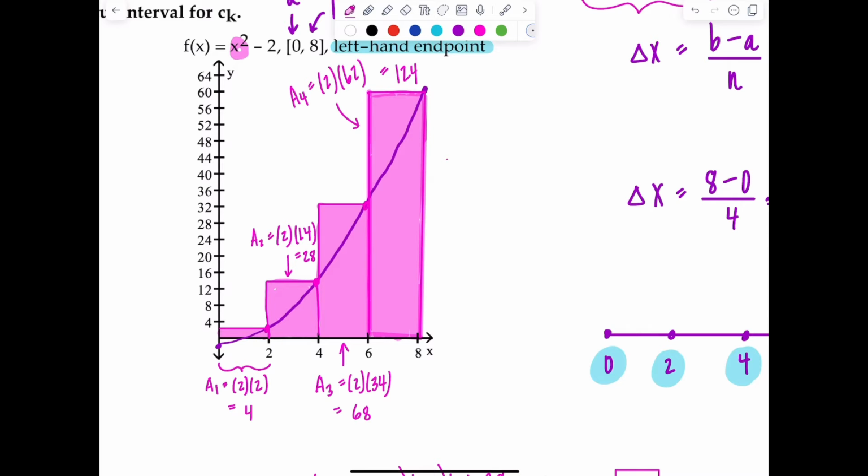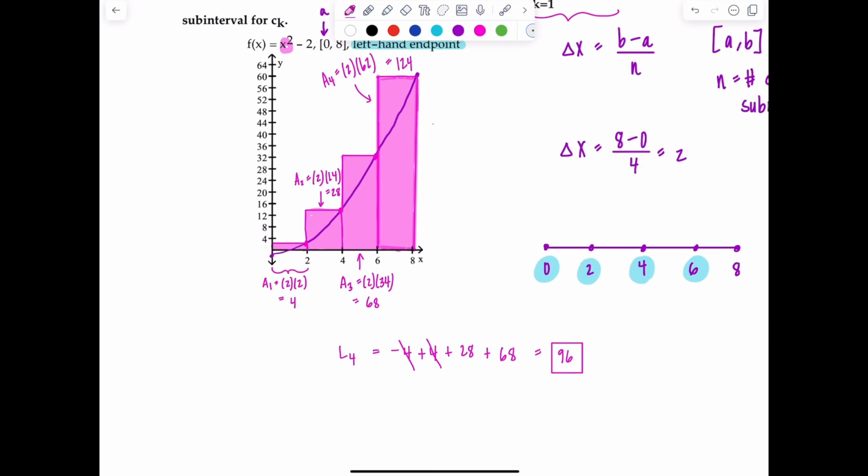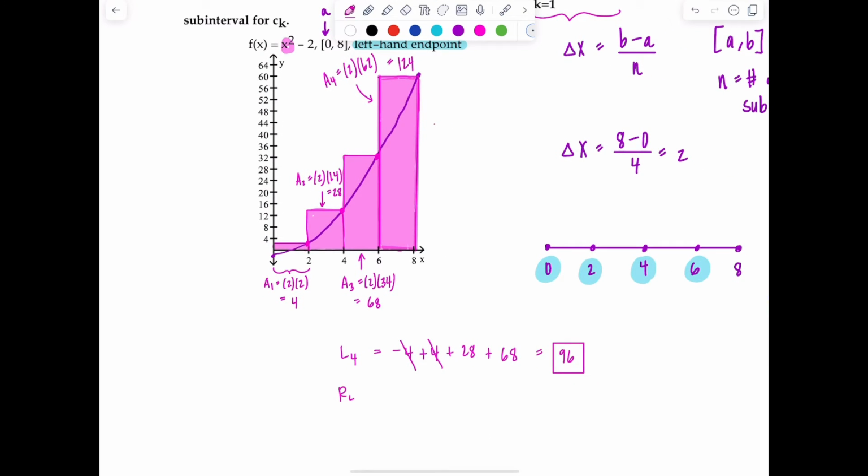Okay, if I add all 4 of these areas together, I'm going to get the R4, or right endpoint approximation, for area under the curve. So it would be 4 plus 28 plus 68 plus 124.